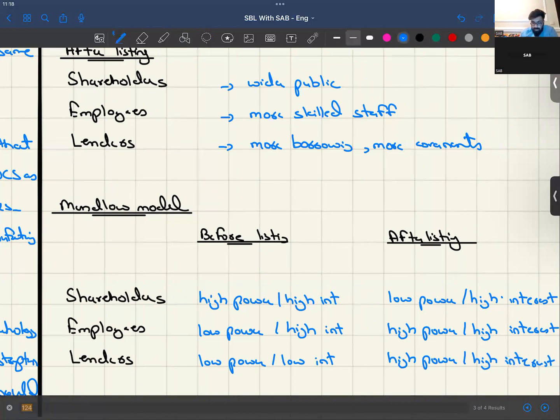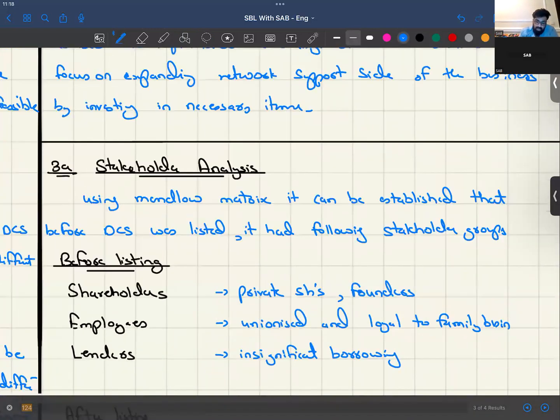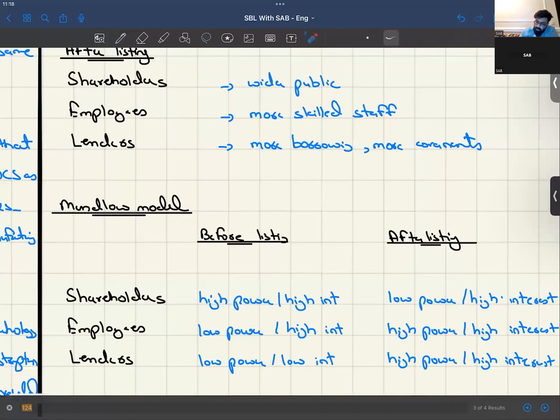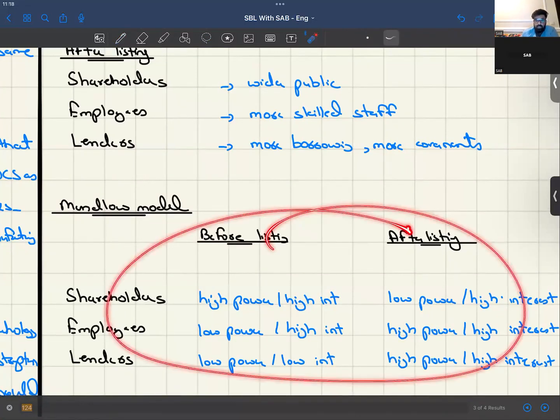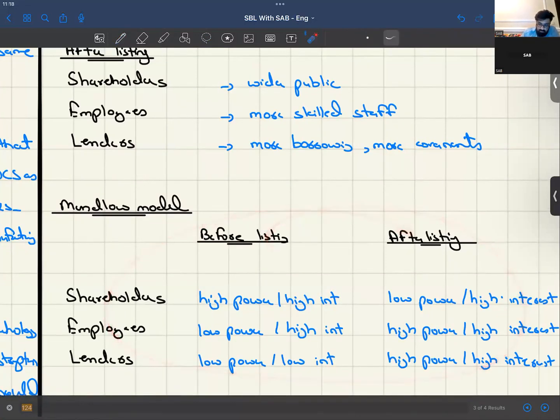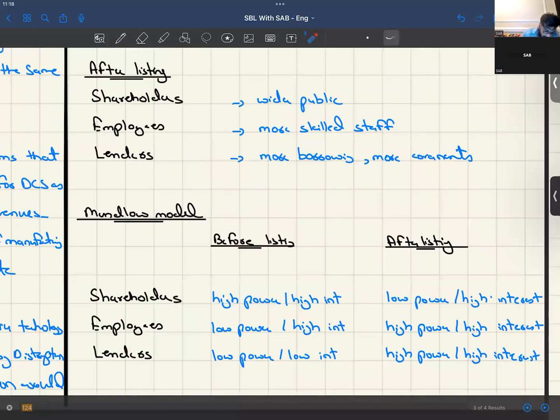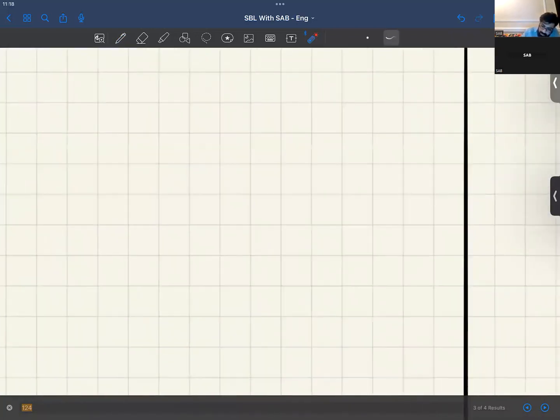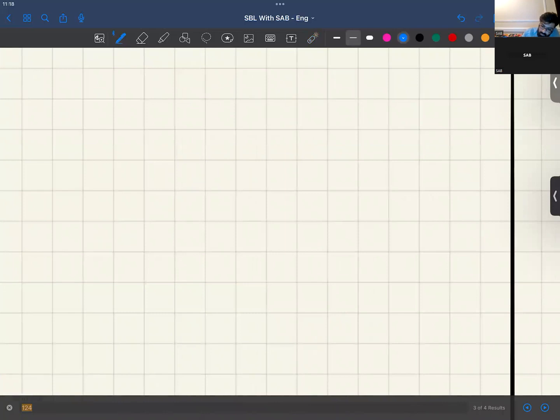Here we go. Now you have to define this complete story by writing. So shareholders, what to define here?